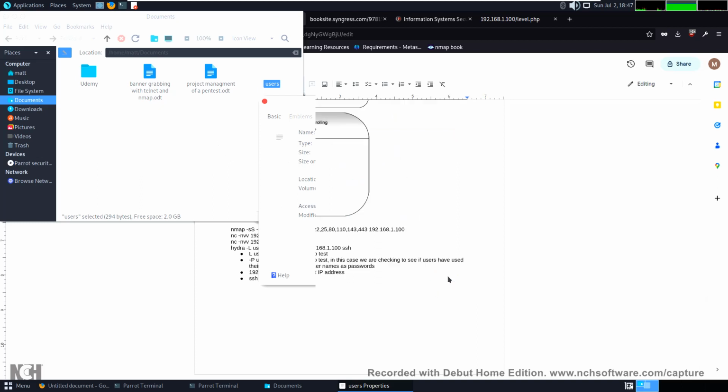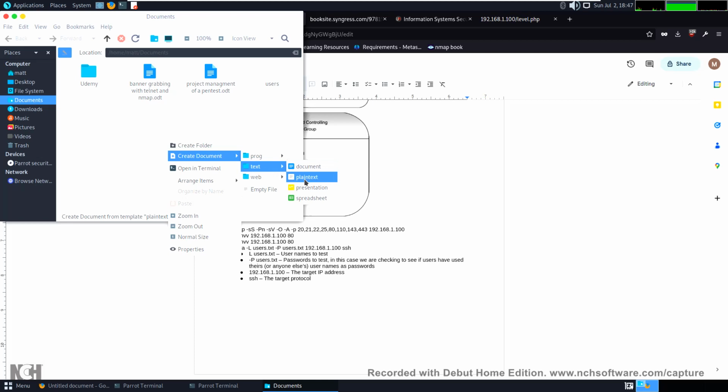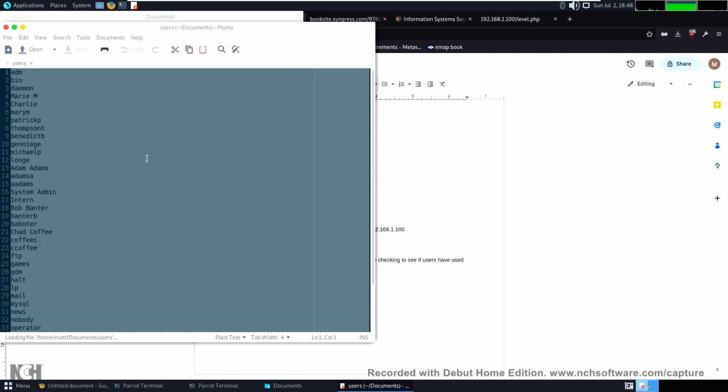Did I spell it right? This actually might not be a text file. Let's do this. Create document, text, plain text, users.txt. Okay, that might be the problem.